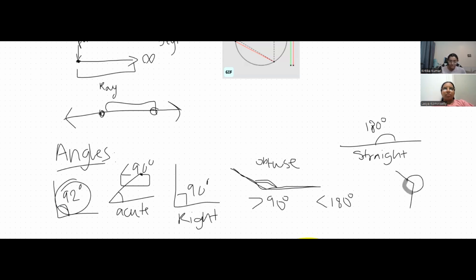It looks more like an obtuse, right? And then the outside angle is what we call a reflex angle. Why? Because it's more than 180, but then again, it's less than 360. And 360 is basically a whole circle, right? So this is called a reflex angle.